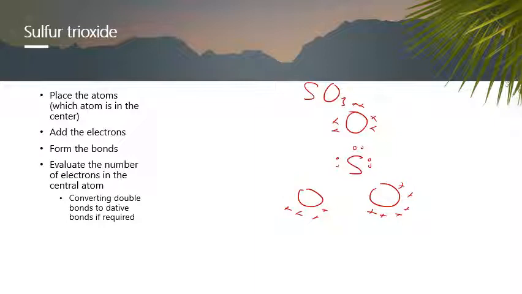So I rub off 2 from oxygen, 2 from sulfur, and then I will make it have the double bond. I do the same for the oxygen on the top, and from the side.